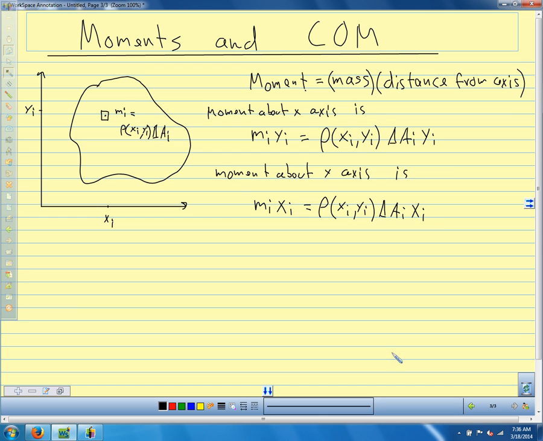And we sum the moments of the individual masses over the region R, and we sum those moments to get the moment of the entire planar lamina, the entire region. So we just add all these together.